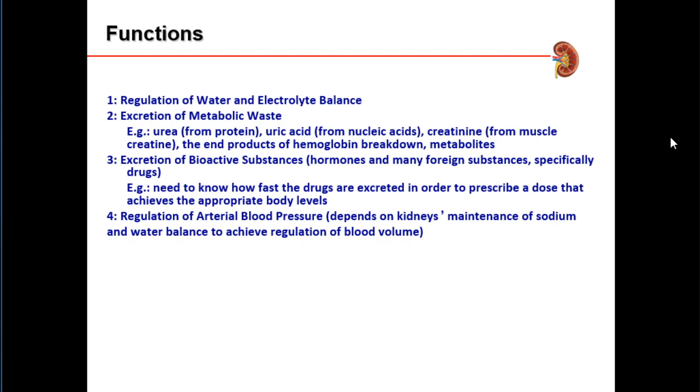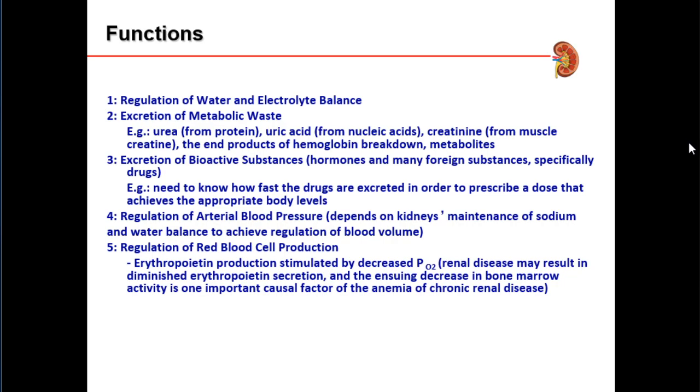It depends on kidney ability to maintain the sodium and water balance to achieve regulation of blood volume. Next one, regulation of RBC production. I hope you remember that kidneys produce erythropoietin and its production is stimulated by decreased oxygen levels.